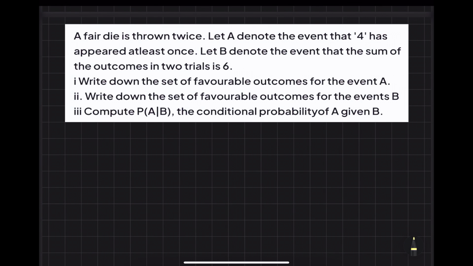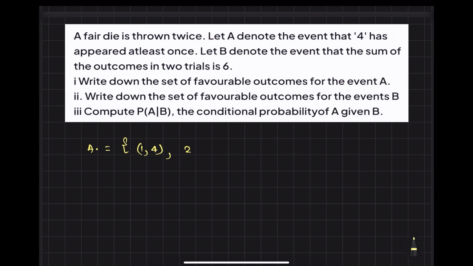Now focus on question number 1. Write down the set of favorable outcomes of the event A. So focus on A. Here we are talking about favorable outcomes. You know that 4 appeared at least once. So can I go with 1 comma 4?